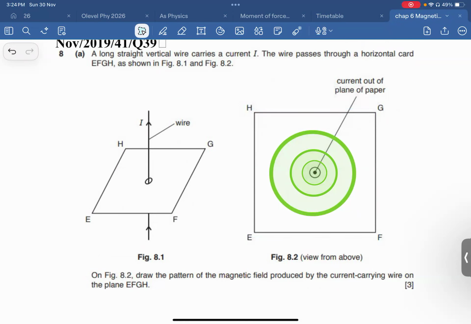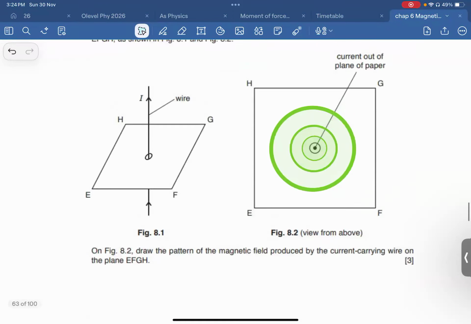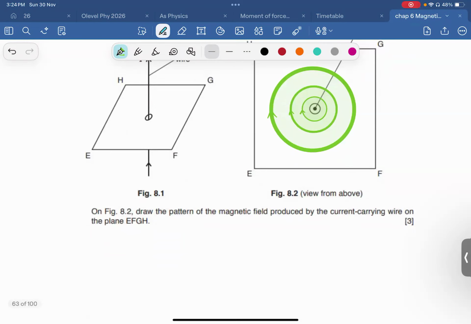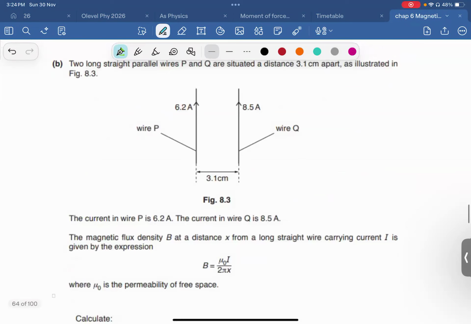Three circles would be enough, right? They're giving you 3 marks, so at least you have to make 3 circles. First thing, you have to show the correct direction because the current is moving out. So using the grip rule, the magnetic field should be in this direction, like this. So the increasing distance, the correct direction, and at least 3 circles. Fine.